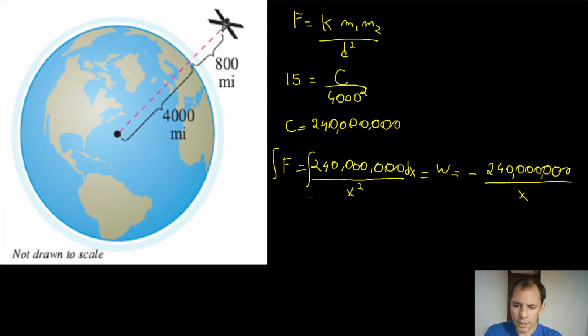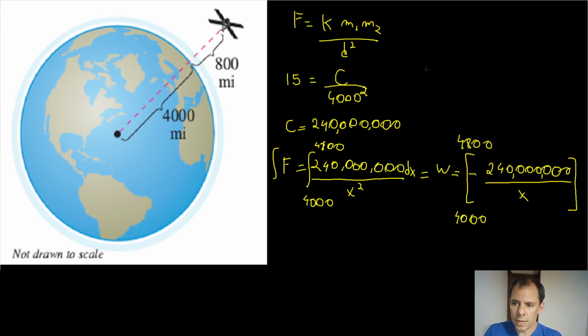And you want to integrate this stuff from 4,000 to 4,800. Why 4,000? Because at the surface it's already 4,000 miles away. 4,800. Not integrated because it's already integrated. You just plug in from 4,000 to 4,800.